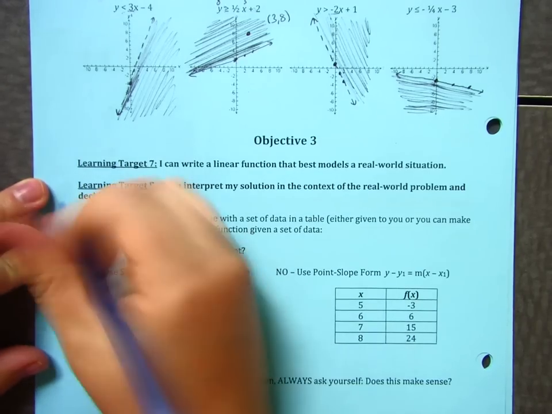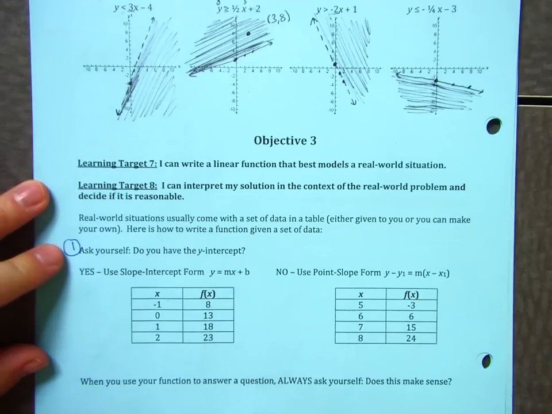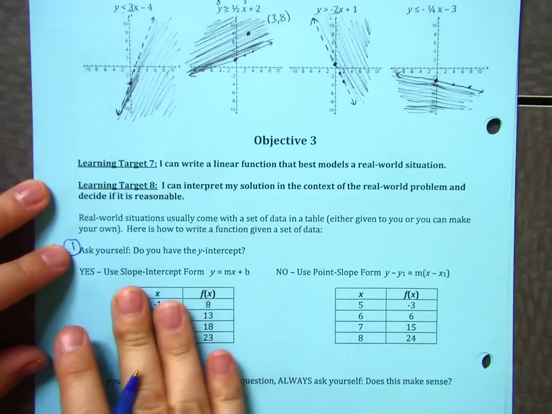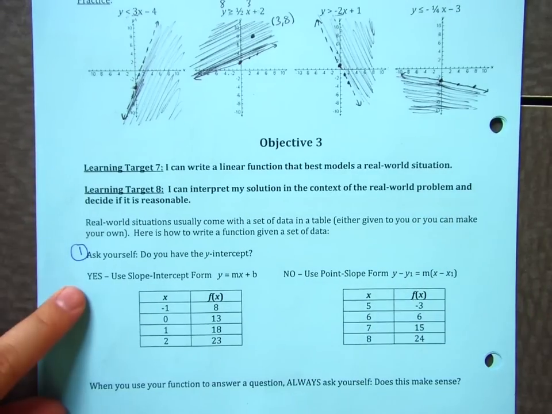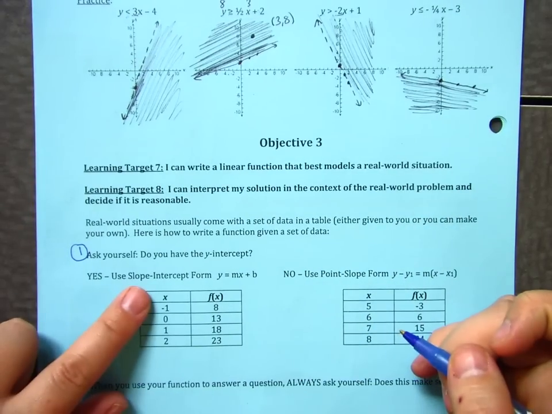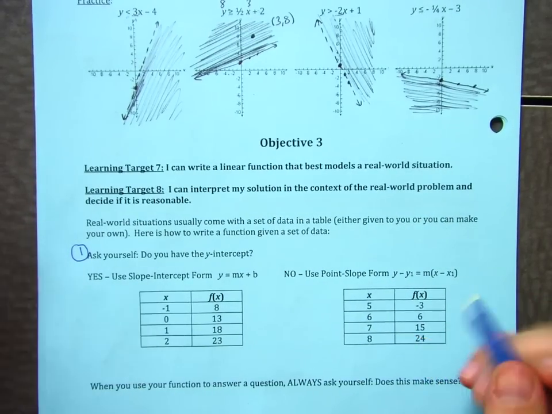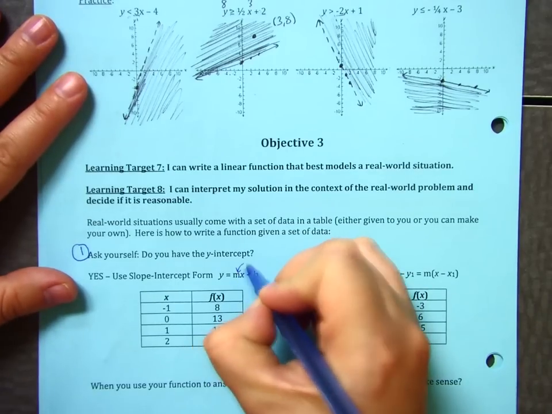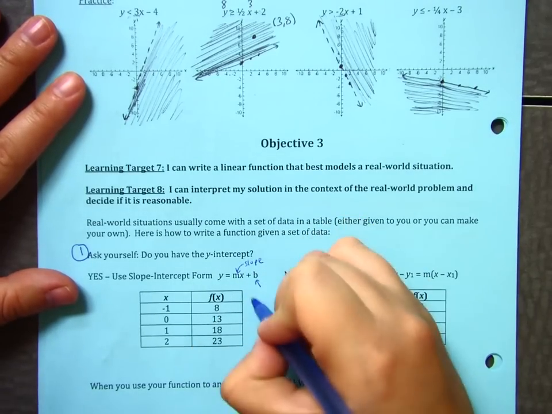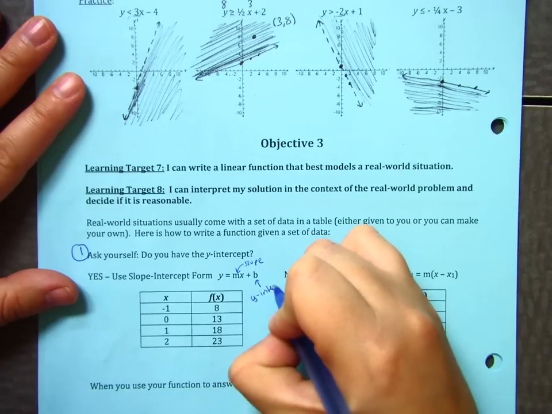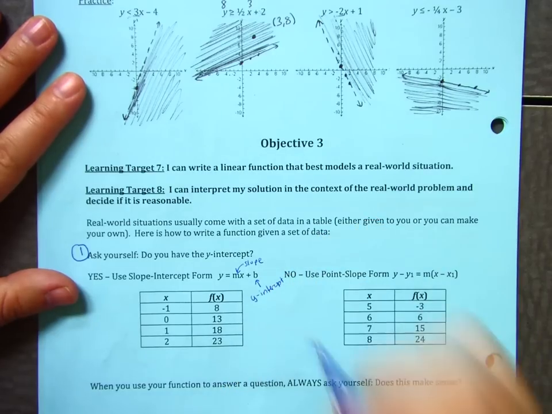First, number 1 right there, you're always going to ask yourself, do you have the y-intercept? If the answer to that is yes, then you can use slope-intercept form. Because in slope-intercept form, you plug in the slope right there, and you plug in the y-intercept right there.